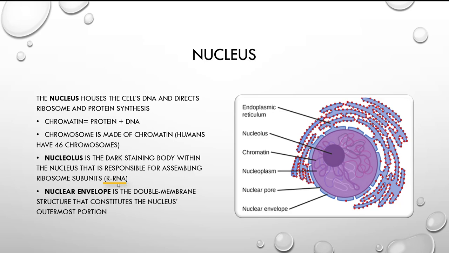RNA is a nucleic acid that is very similar to DNA, except it contains a different type of sugar, and it's single-stranded instead of double-stranded like DNA.